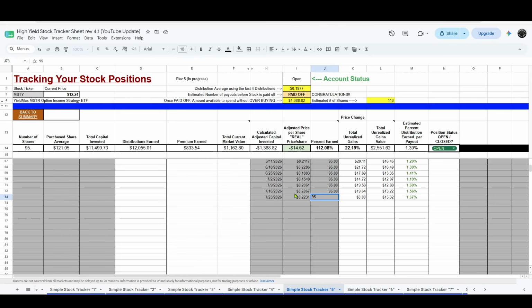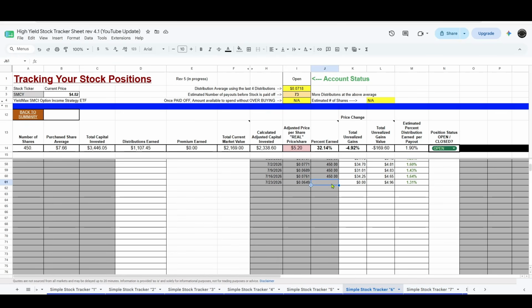Because all these distributions I'm earning is just going straight into my pocket because I have earned more in distributions than I actually have invested, right? So those 95 shares is going to help to lower that real price per share of minus 14.62 down to minus 14.84. And if I were to sell all my shares of MSTY at the current price, I'd make 25.72.